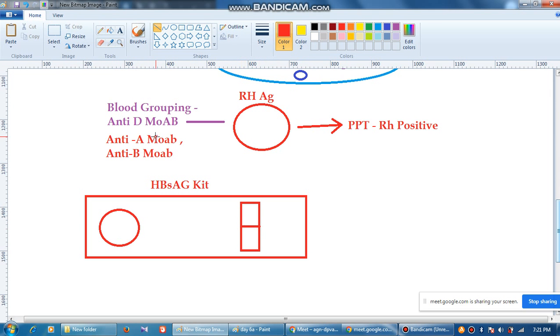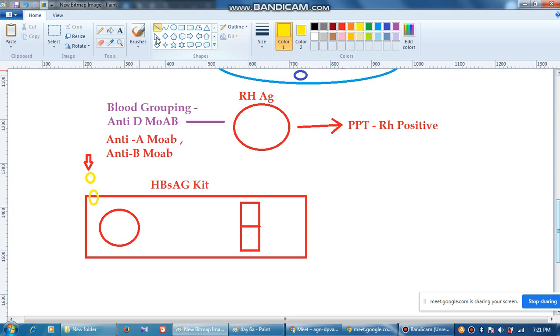By a dropper you will add the serum sample, drop by drop. Consider that these are your serum sample drops. What will happen once the serum sample has been added here?